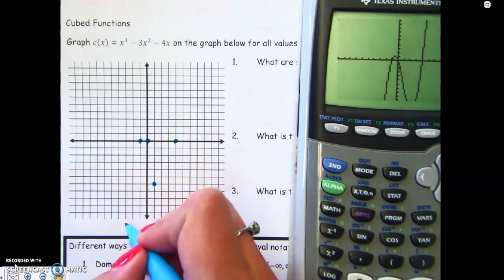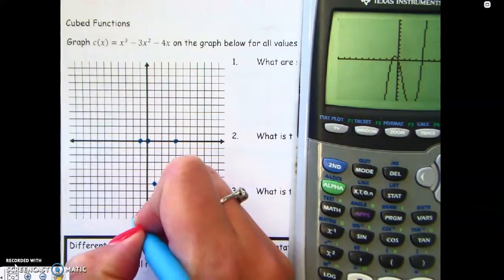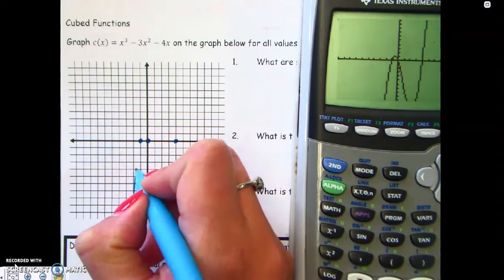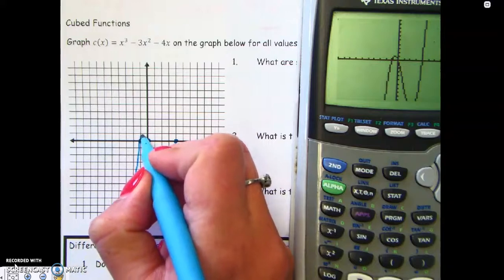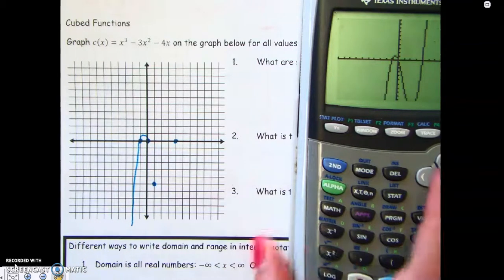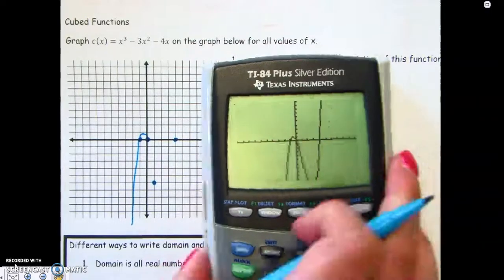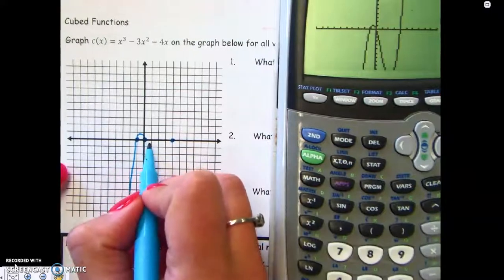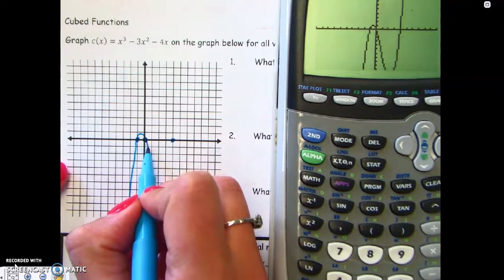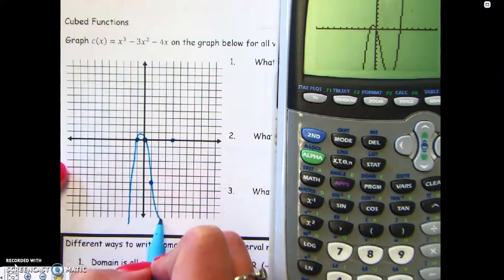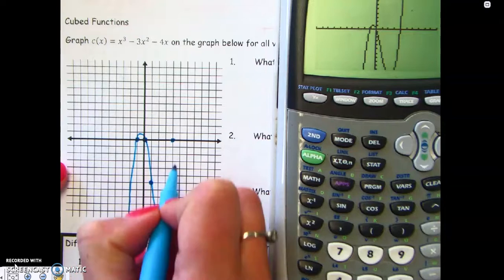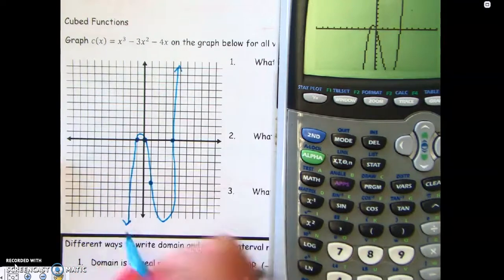So I have to look at my shape again to see how my graph is going to look. So it is going to come from down here. It's going to go up and it's going to curve slightly. I'm just doing the best I can. And then it's going to kind of swoop down below my graph. And then it's going to come back up. And that's just the best I'm going to be able to draw here.